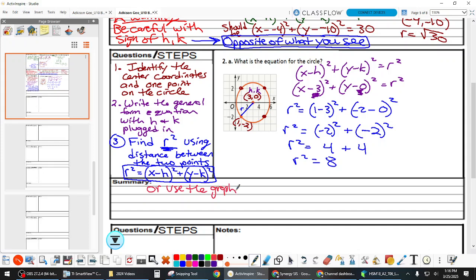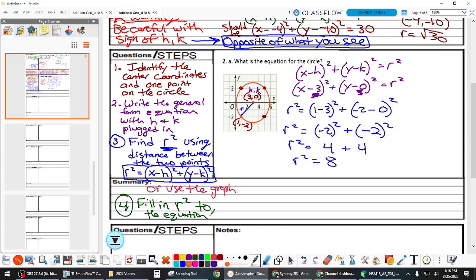Alright, last step. Well, of course we need to write this equation with everything plugged in. Let's just put it this way. Fill in r squared, does not look like an r, to the equation.